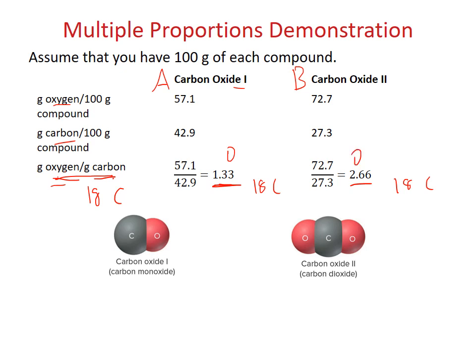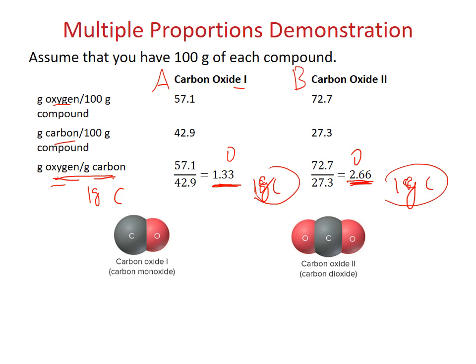In other words, we have a fixed amount of carbon, 1 gram in both. In compound B, we have 2.66 grams of oxygen, and in compound A, we have 1.33 grams of oxygen.